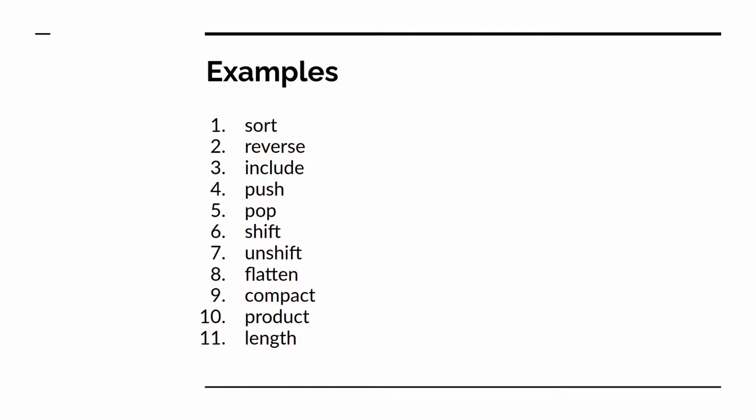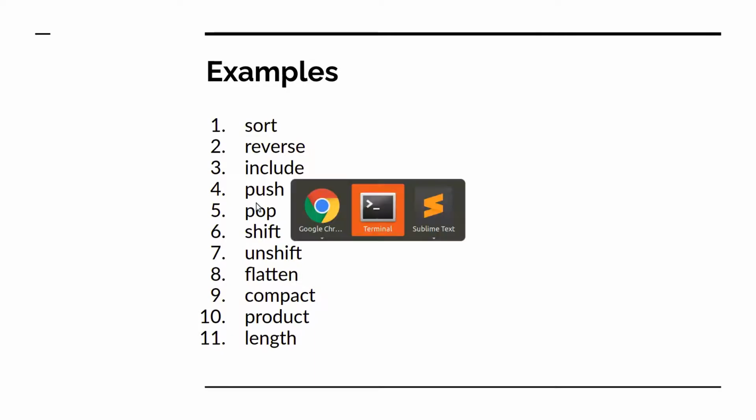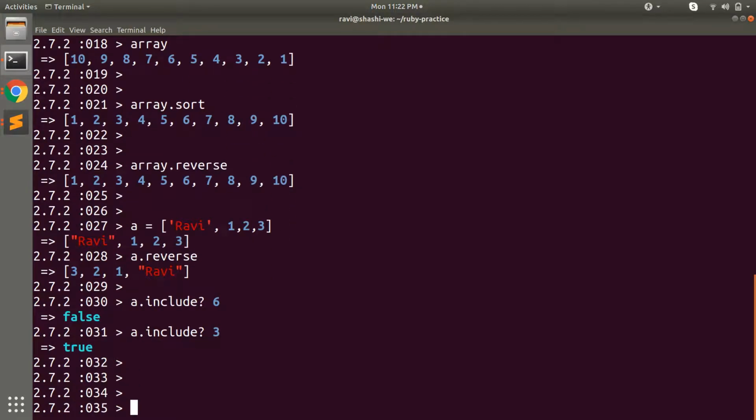Now similarly, there is another method that we can use, that is flatten. Flatten will flatten all the elements inside the array, because sometimes it might be possible that an array contains an array as another element. Let me show you an example.